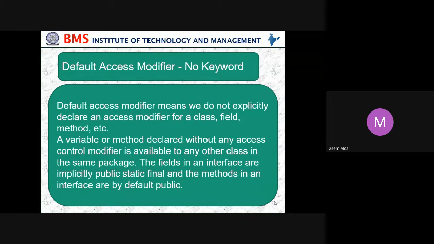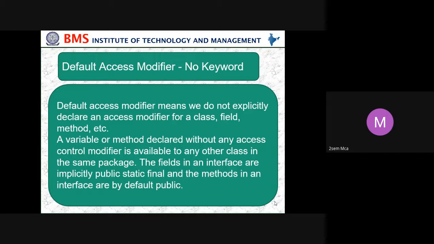Okay, so the default access modifier has no keyword. Default access modifier means we do not explicitly declare any access modifier for a class, field, method, etc. A variable or a method declared without any access control modifier is available to any other class in the same package.